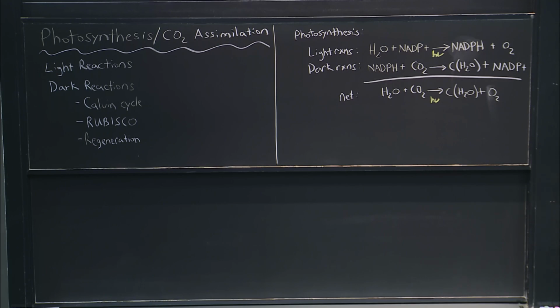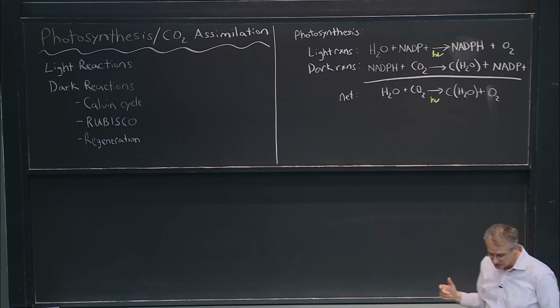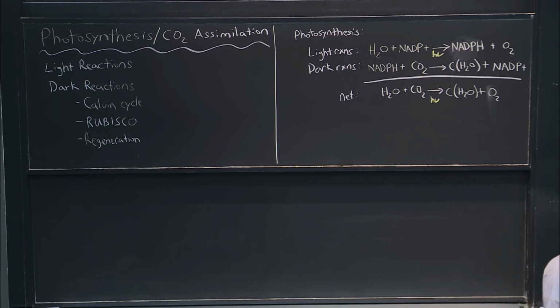And these reactions also produce NADPH, which can be used in the so-called dark reactions to synthesize carbohydrates. Now, the dark reactions, again, I mentioned, can be done in the light or the dark. They don't need light. They use the NADPH from the light reactions as well as the ATP produced from the light reactions to take CO2 and turn it into carbohydrate.